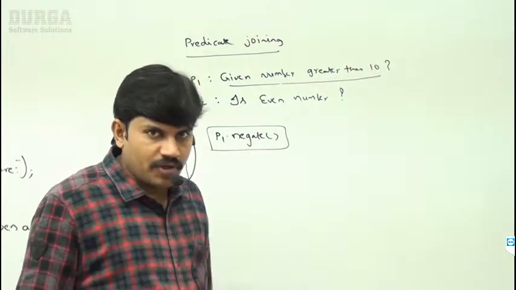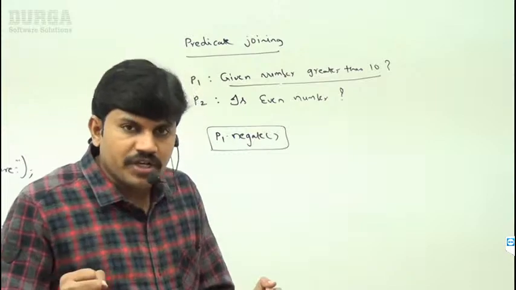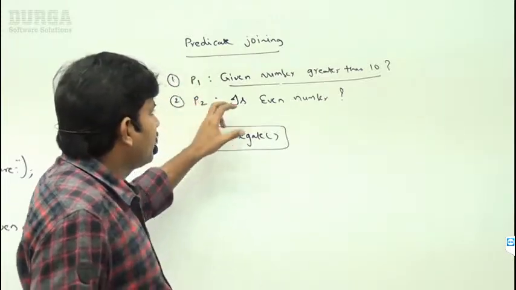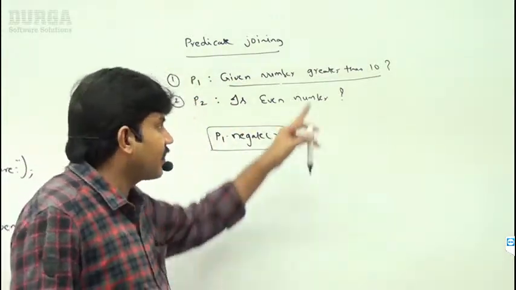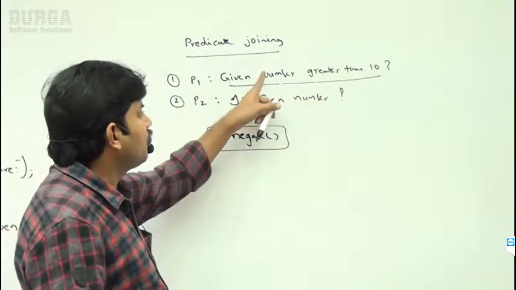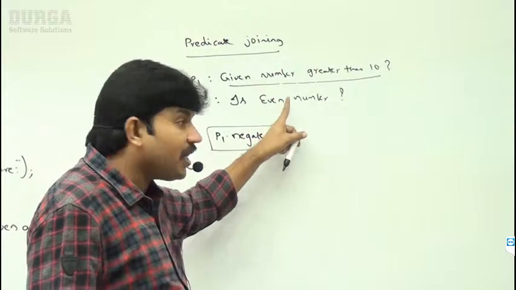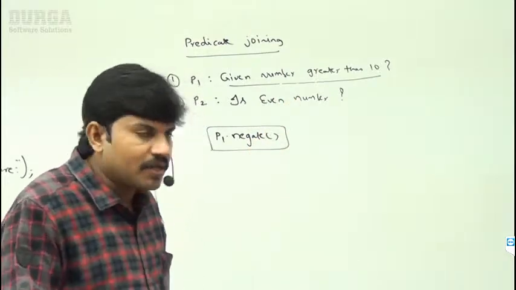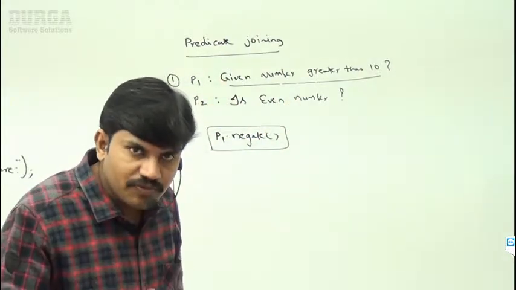Next, sometimes my requirement is to check both conditions: the number should be greater than 10 and the number should be an even number. Both conditions I have to satisfy.